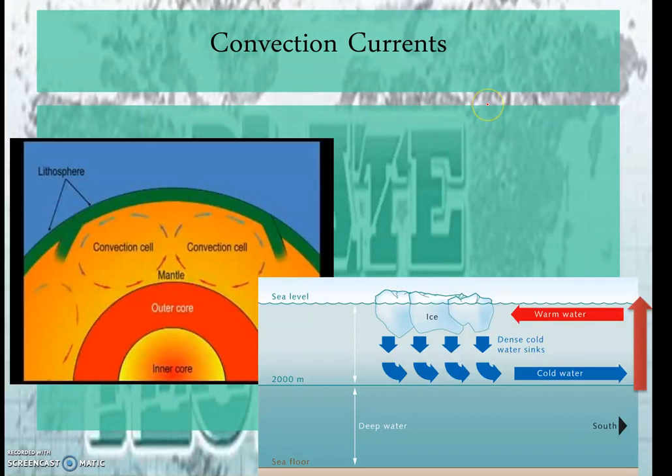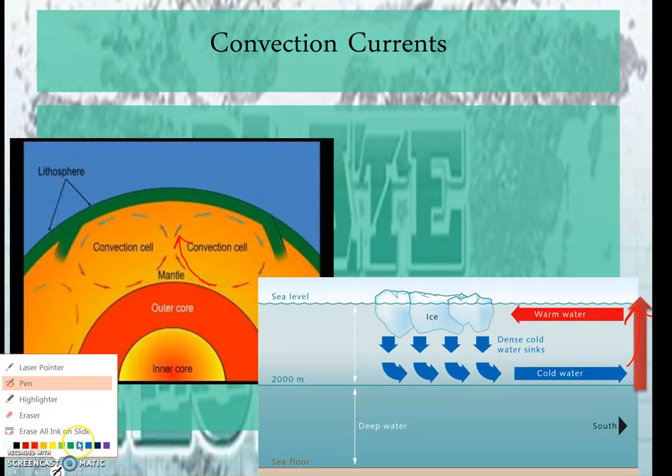Finally, we have convection currents. And the TGA asks you, how are convection currents in the ocean and in the earth similar and different? Well, they both work in the same way. Warm material rises. In the case of the ocean over here, warm water rises. In the case of the earth, warm rock rises. The opposite happens on the other end in both.